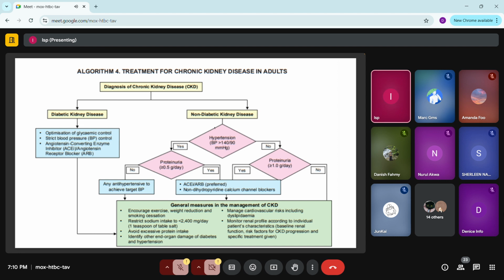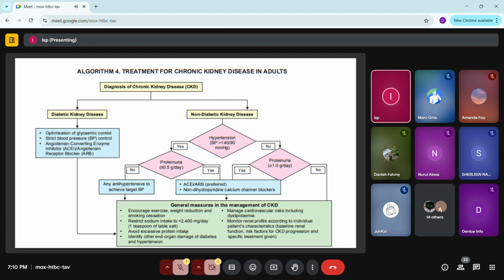You need to have a tight BP control. In proteinuric patient, you want to start them on ACE or ARB. In non-proteinuric patient, you need to really achieve your BP target. Other general measures: first, stop smoking, regular exercise, restrict your sodium intake, restrict your protein intake. Those are the common things you can do.